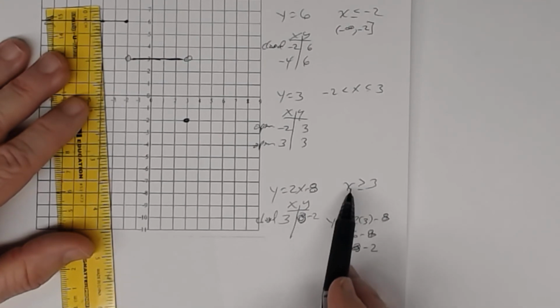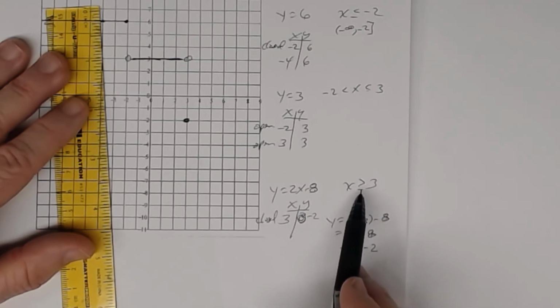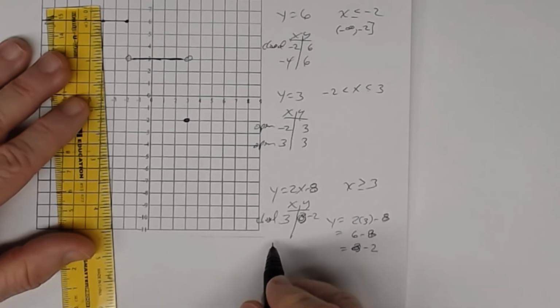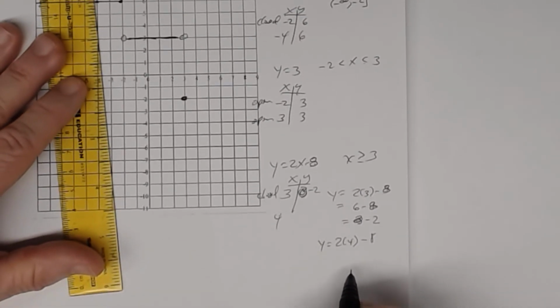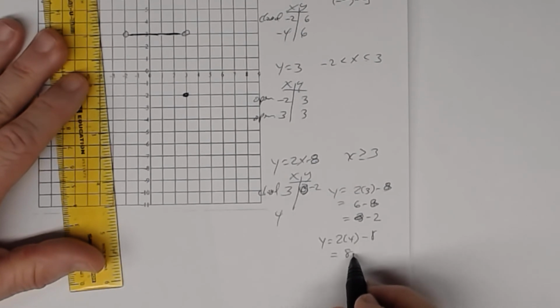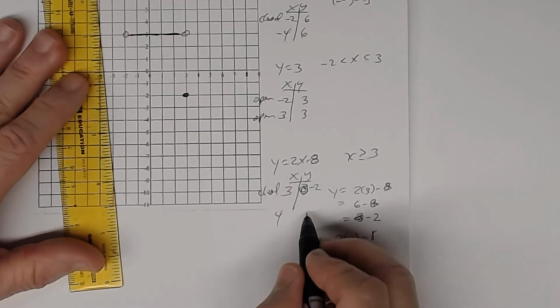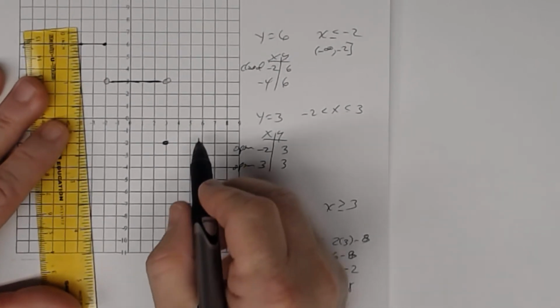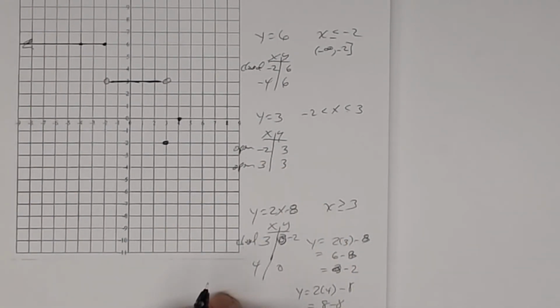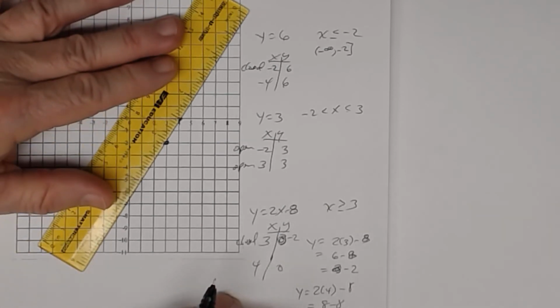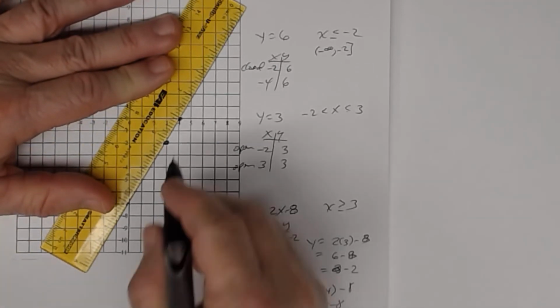And then I need one more number that's greater than or equal to 3. So let's say 4. If x is 4, I get y equals 2 times 4 minus 8. 2 times 4 is 8. 8 minus 8 is 0. So I'm going to plot the point 4, 0. 4, 0 is on the x-axis. That's right here. And then I draw that ray, and this is what I get right here.